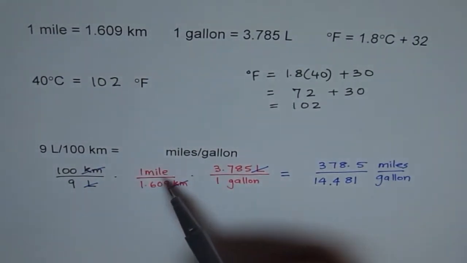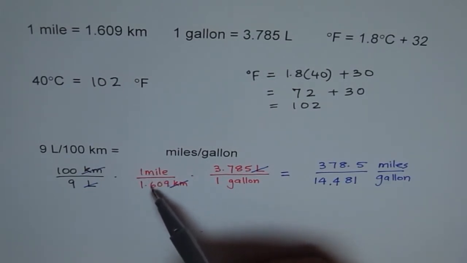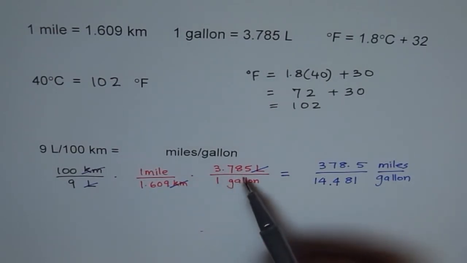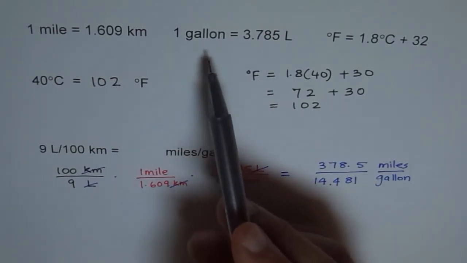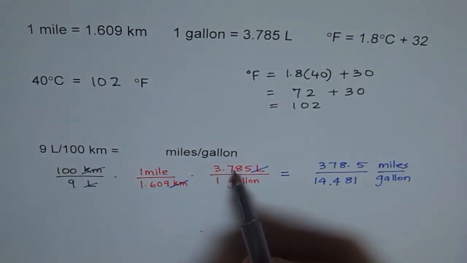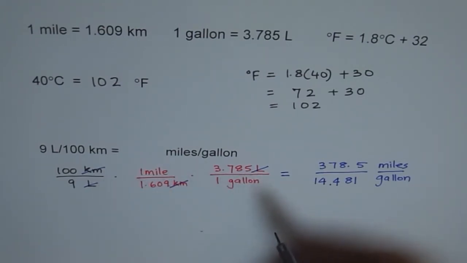So this is basically 1, both are same things. So if you multiply by 1, you don't really change your numbers. Here also, we know 1 gallon is 3.785 liters. So both are same. So when you divide one by the other, you get 1. Multiplying by 1 doesn't change your equation, right?